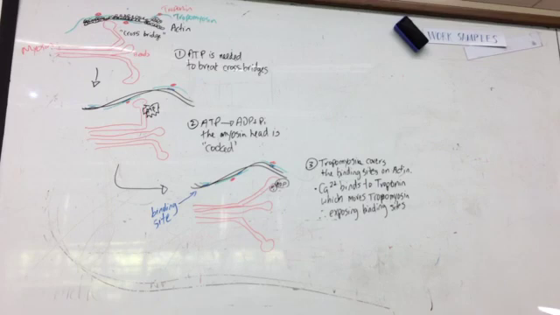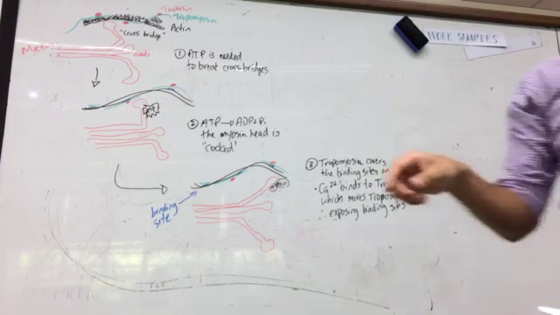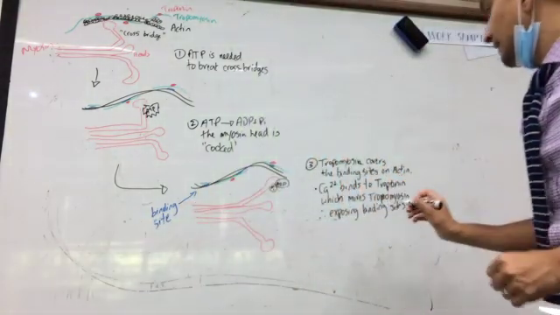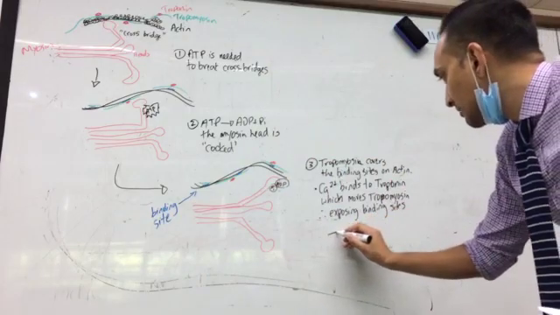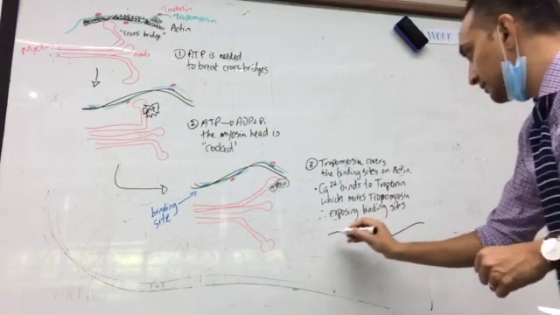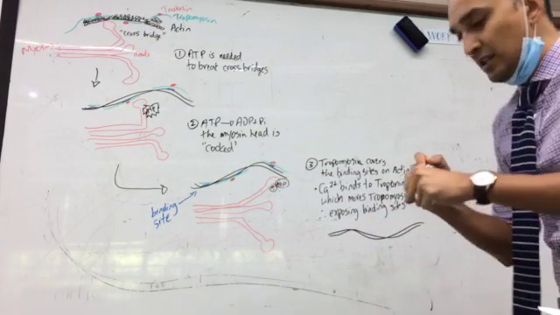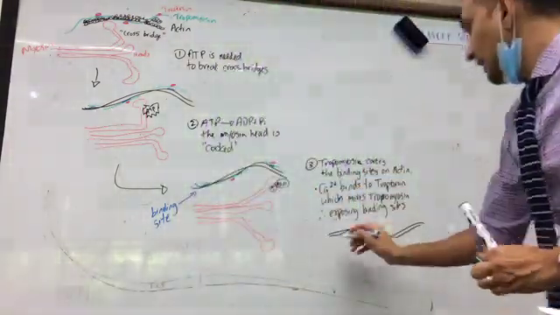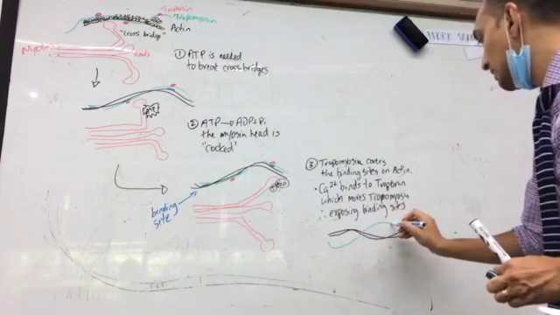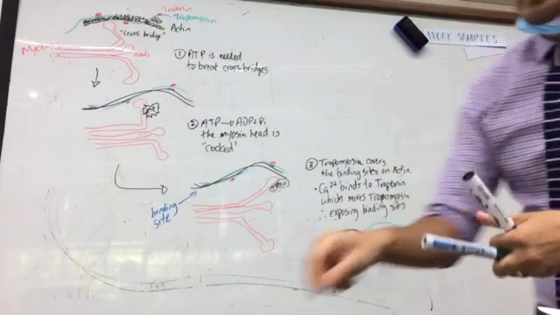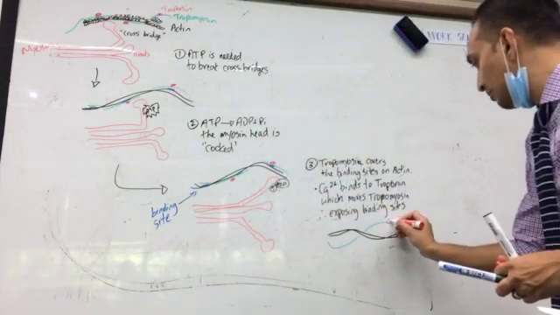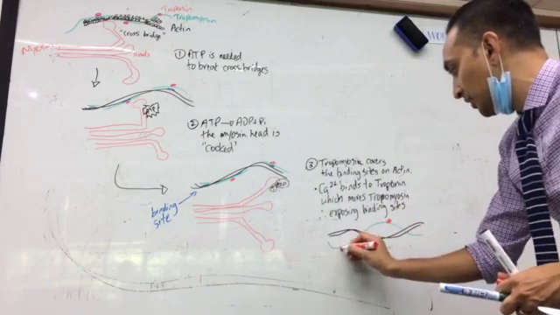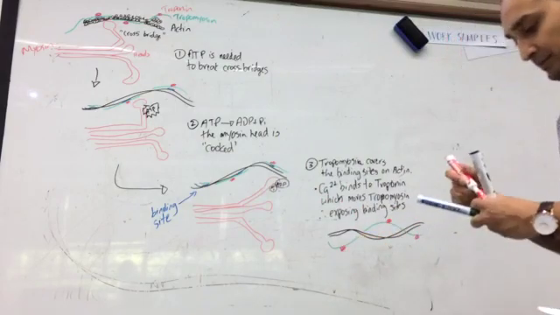Okay, so what does this look like? Here's my actin again, a double filament actin. Now calcium shows up and pulls the tropomyosin away because the calcium binds onto these troponin globular proteins.